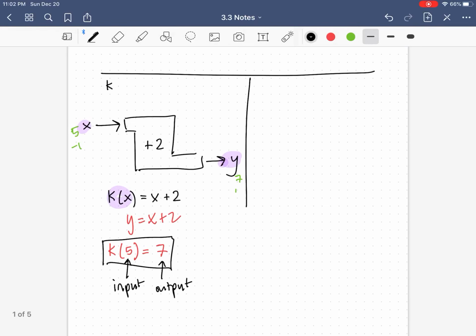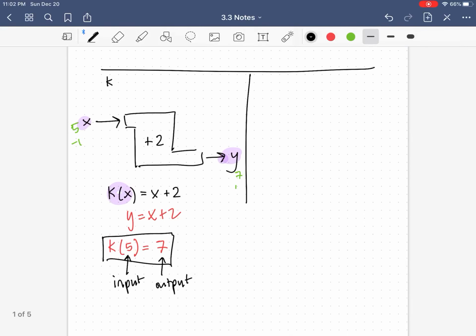One reason that we like function notation is if I'm working with another function side by side, maybe its name is t, that takes x and spits out 3 times x.